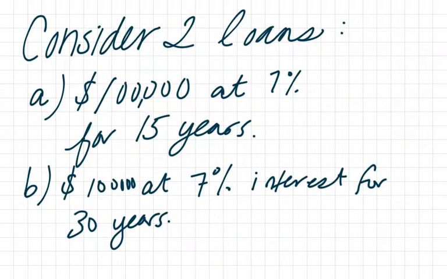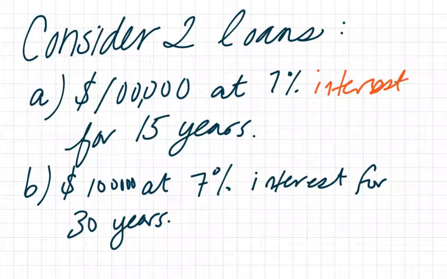Let's take a second to consider two different loans. One is a $100,000 loan at 7% interest for 15 years. The second one is a $100,000 loan at 7% interest for 30 years. So which one of these would have a lower monthly payment?